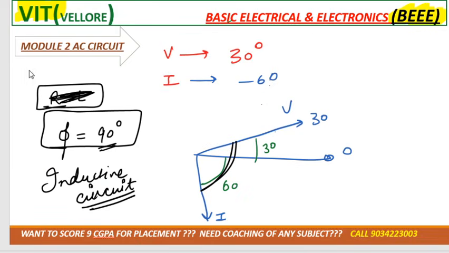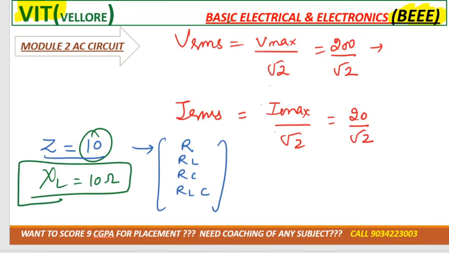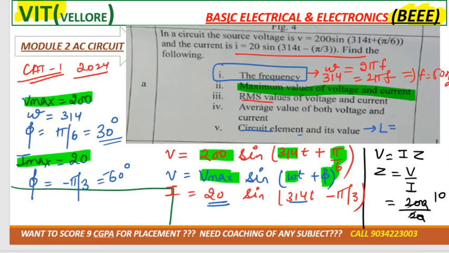Got XL as equal to Z, that is 10 ohm. So can you get L? XL is equal to 10 ohm. When XL is equal to omega L, then we will get the L value, because they are asking the L value. Understood? Circuit element means the element is R, L or C.